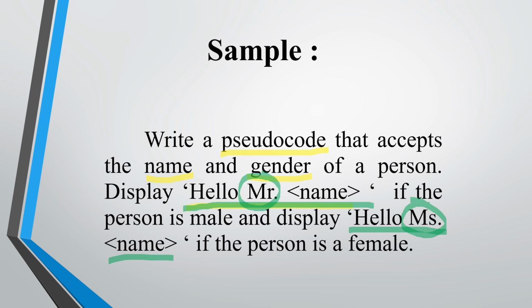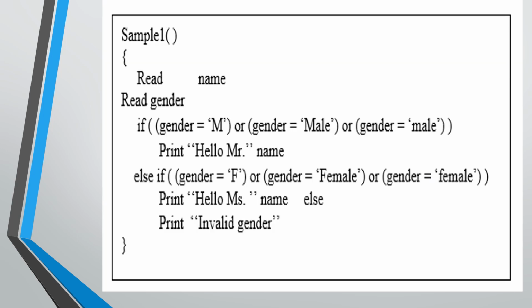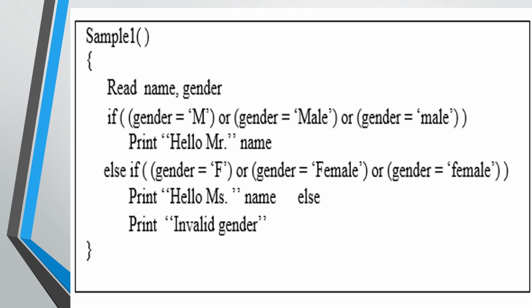Okay? So the process would be, we have to determine the gender. If the gender is male, it will display Mr. If the gender is female, then we're going to display Miss. Okay? Now, the difference between the two, di ba? We have here read name, read gender. Pero pag dito, read name, comma, gender.